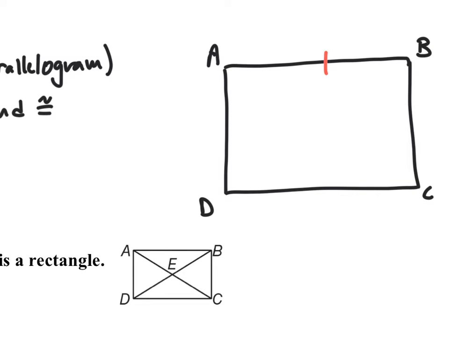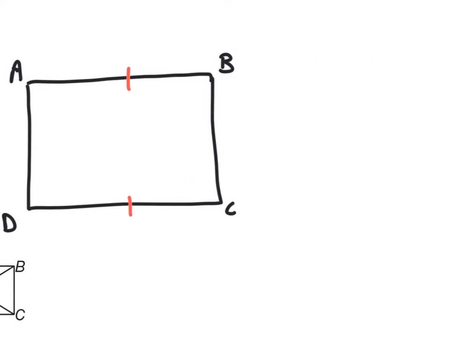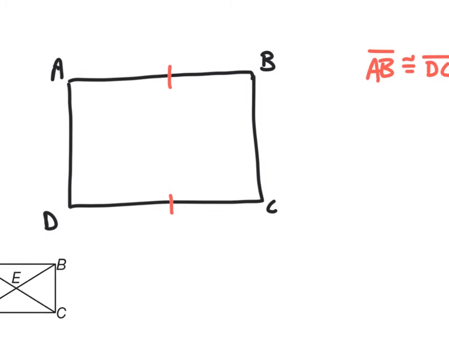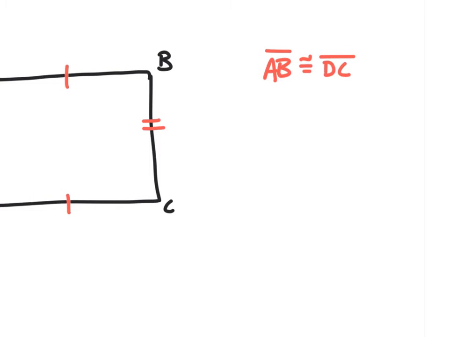So I'm going to say that AB is congruent to DC, and I'm going to write that over here. Then we know that AD is congruent to BC, and I'm going to write that over here too.